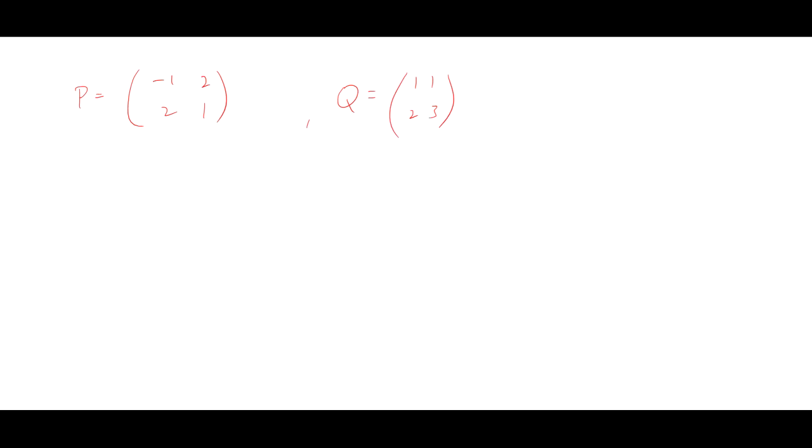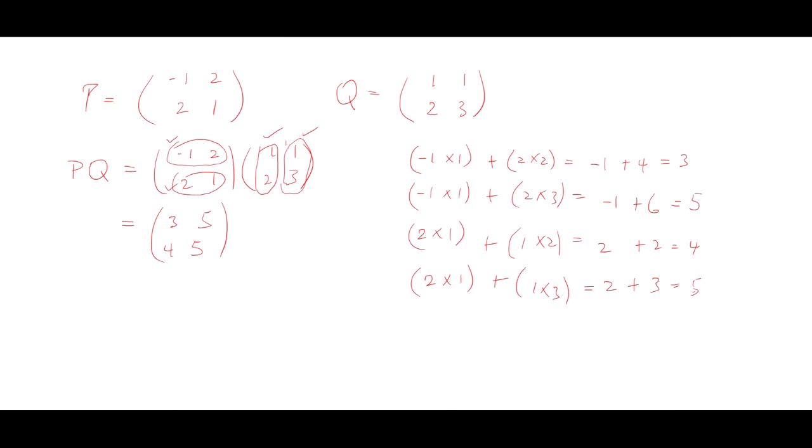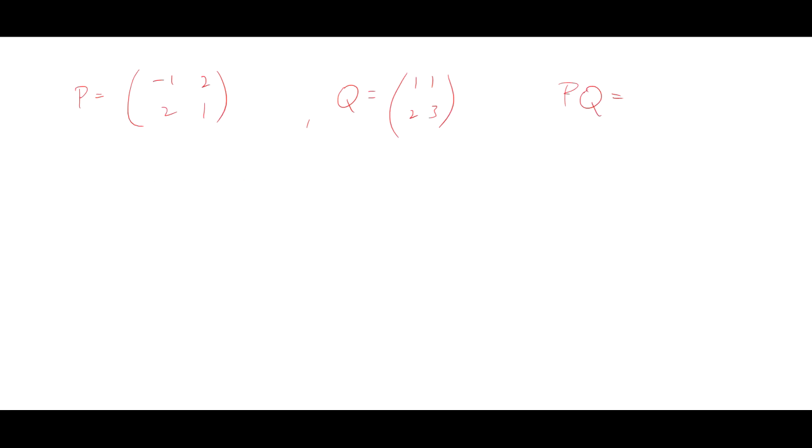Now we just worked out the product PQ, and we got 3, 5, 4, 5. Suppose I come and I ask you to find QP instead. Does the order matter? You think I'm going to get the same answer as 3, 5, 4, 5?